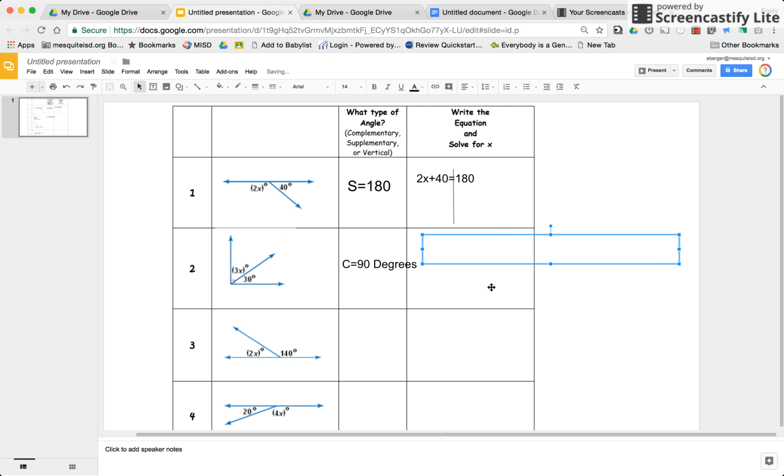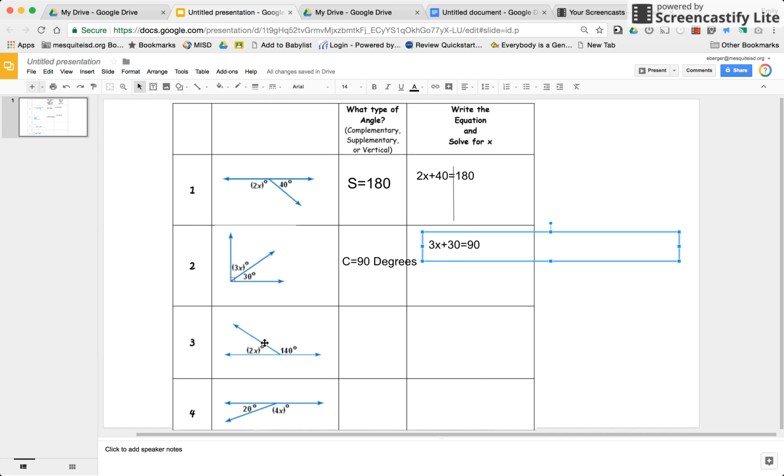What are my two angles? My first angle is 3x plus 30 equals 90 degrees. It is 90 because these two angles, when I add them together, equal 90, just like these two angles for number 1 added up to 180. And you would just do your steps and solve.